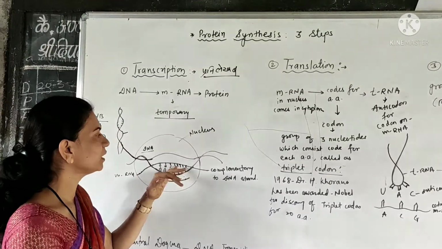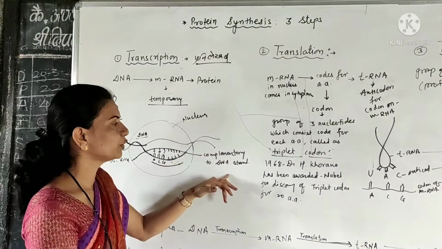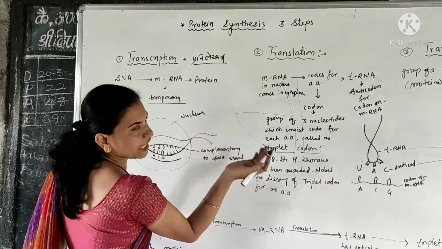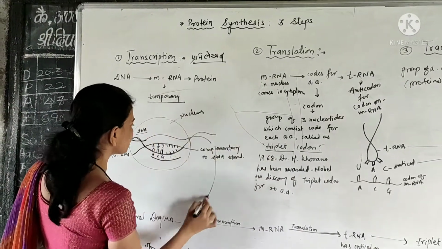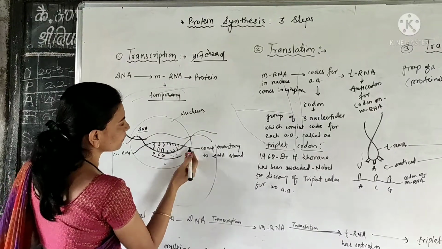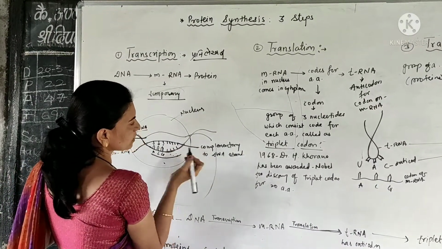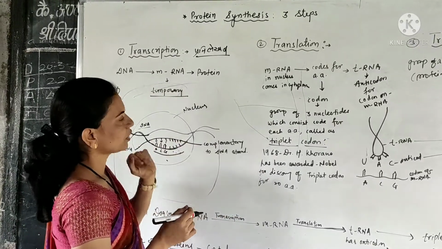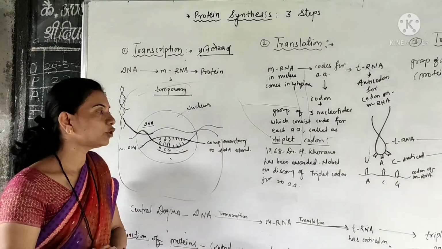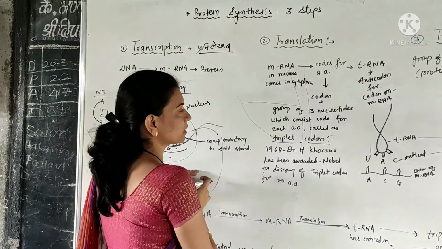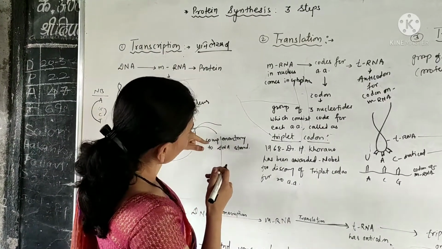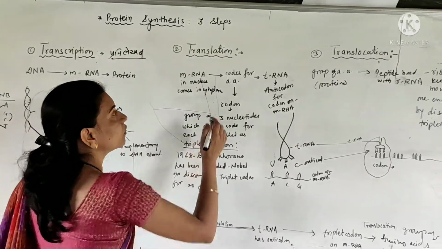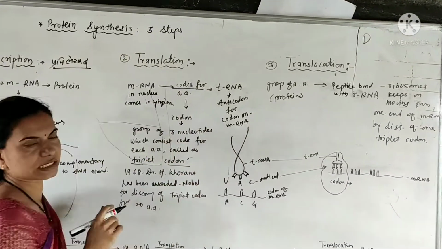So this complementary mRNA strand, which is complementary to the DNA strand, then comes into the cytoplasm of the cell. Suppose this is the cell, this is the nucleus. From this nucleus, this mRNA strand is coming out into the cytoplasm. Then what happened in the cytoplasm? In the cytoplasm, when this complementary mRNA strand comes, it carries codes.